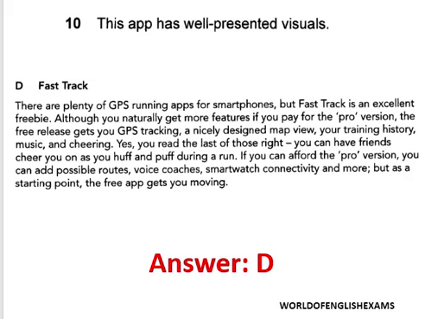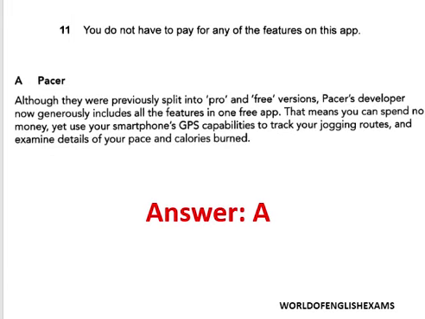So let's move on to the next statement. You do not have to pay for any of the features. So all the features are free. Come on, let's read the passage called A, that is Pacer. Although they were previously split into pro and free version. Previously, that means earlier they were split into free version and payable version.